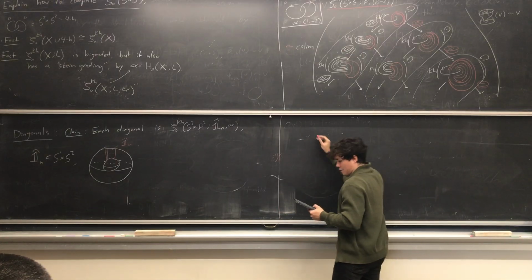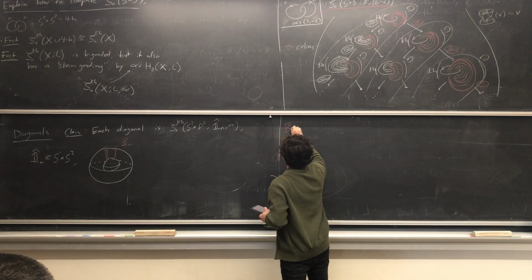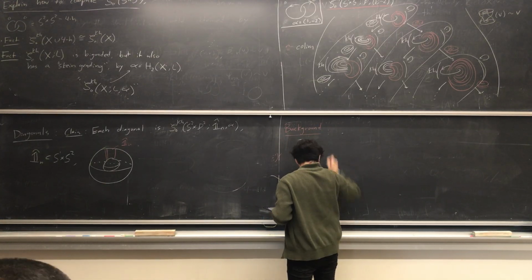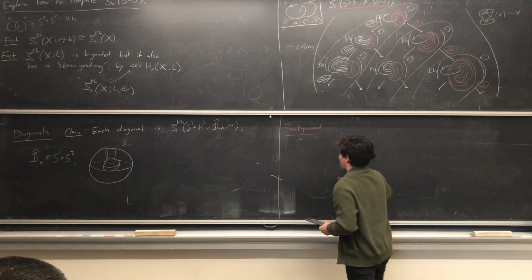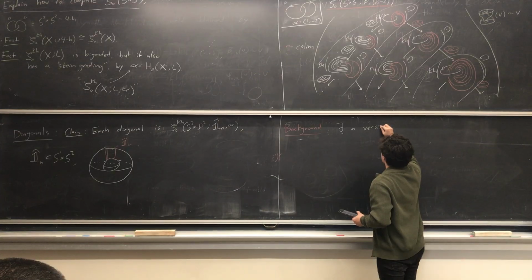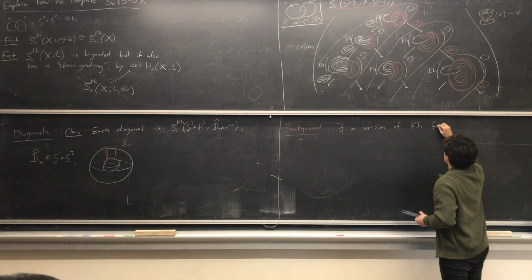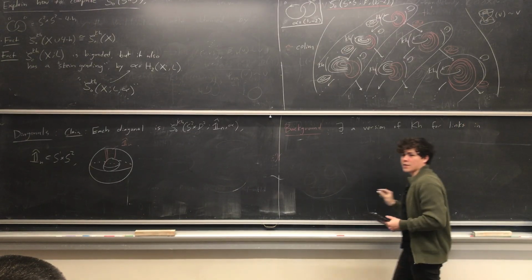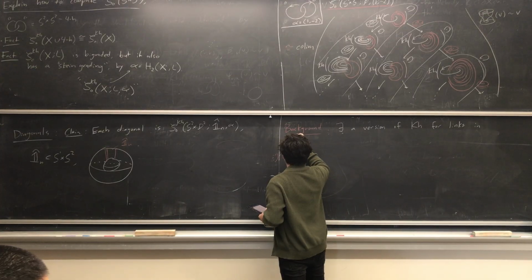Now, in order to finish this off, I just need to say a tiny bit more background. So there exists a version of Khovanov homology for links in S^1 × S^2.